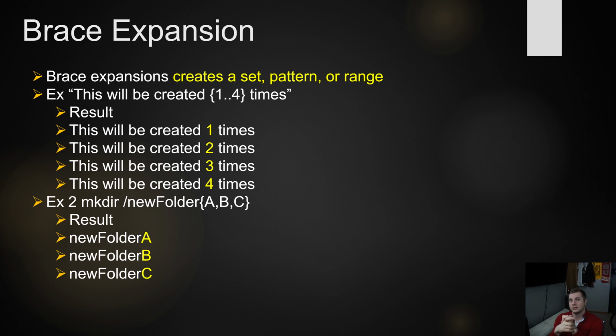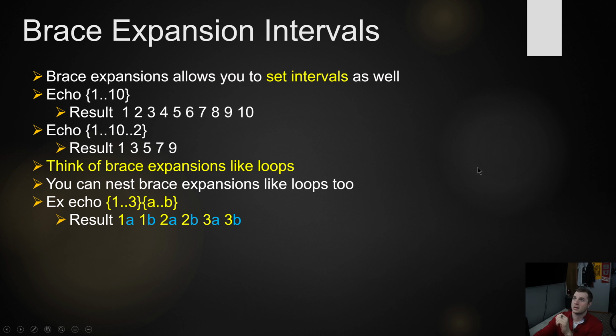So here's something to remember and keep in the back of your mind if you ever need it. Expansion intervals. Okay. So 1 through 10, and then we're going to do it for every odd number or every even number. Does that make sense?